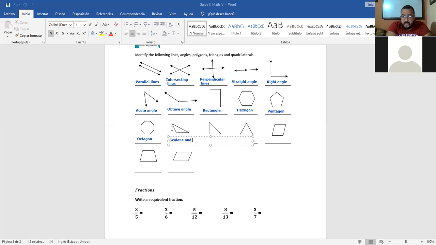And according to the angle, it has an obtuse angle. One of the vertices of this triangle is an obtuse angle, and it's this one. So it's a scalene and obtuse triangle.